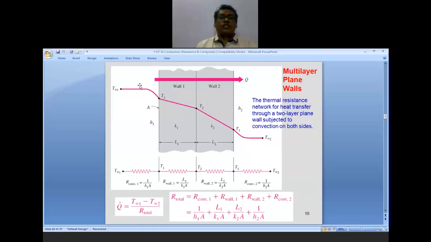This is the first resistance, this is the second resistance of the metal wall, the third resistance of the second metal wall, and the fourth resistance of the liquid or gaseous film on the other end. So R total is R convective 1, R convective 2, R wall 1 and R wall 2. So these can be added.